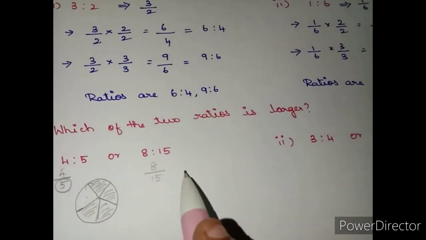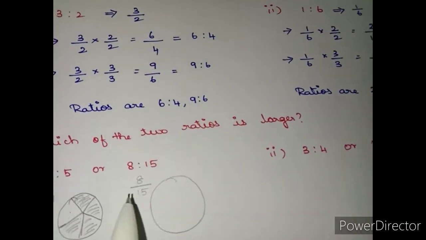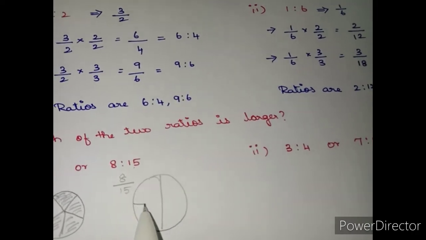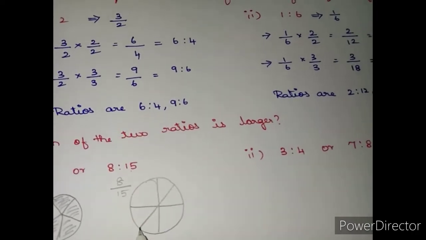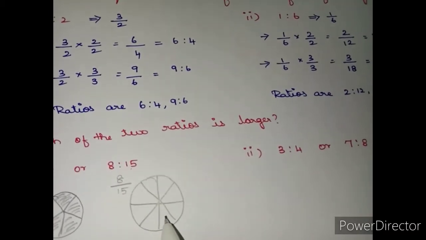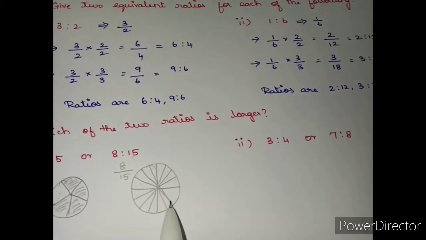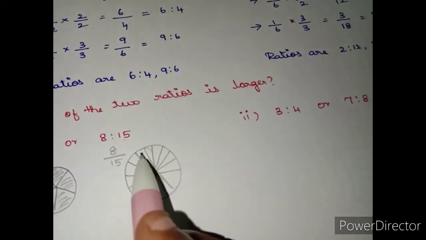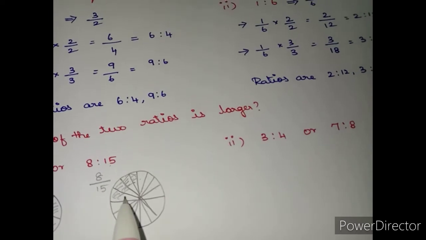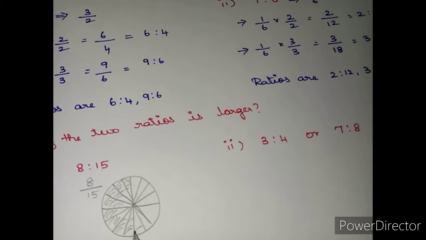See the next one. Same circle. I am dividing it in 15 parts. 2, 4, 6, 8. Right? 1, 2, 3, 4, 5, 6, 7, 8. As I told you, I have divided this circle in 15 parts. In that, 8 should be shaded. 1, 2, 3, 4, 5, 6, 7, 8.